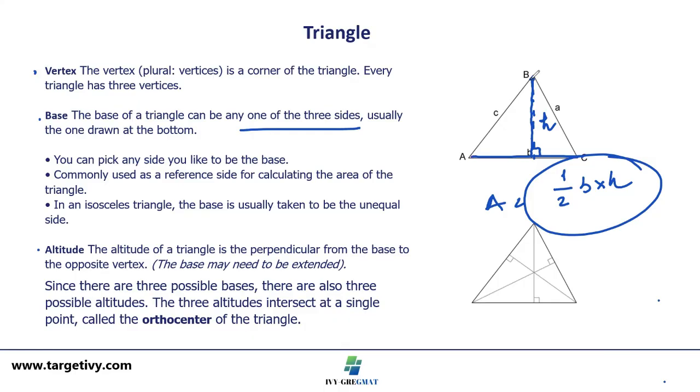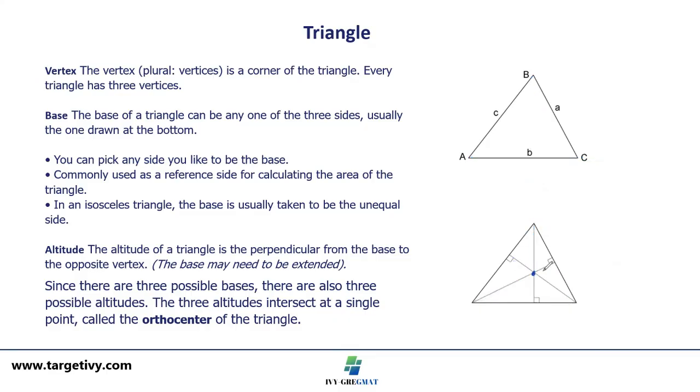Opposite vertex means this. So this is the altitude. For our further understanding, it's not really used much, since there are three possible ways. There are three altitudes we can have, as we can see in this drawing. The three altitudes intersect at a single point, which is called the orthocenter.